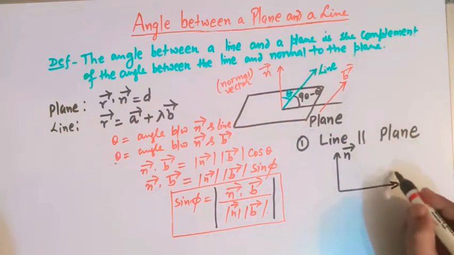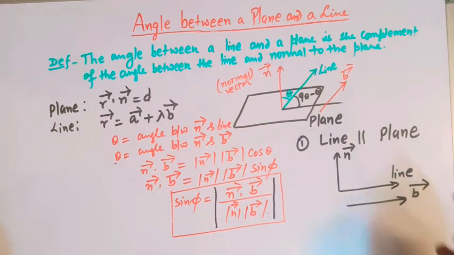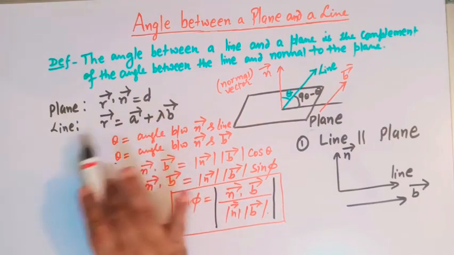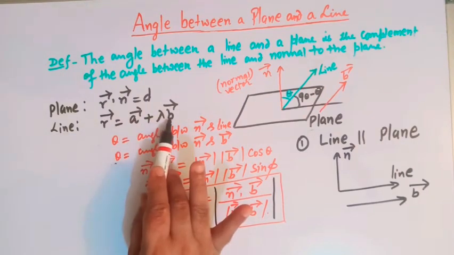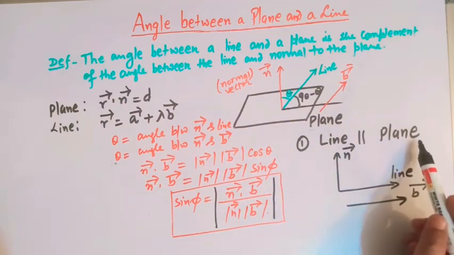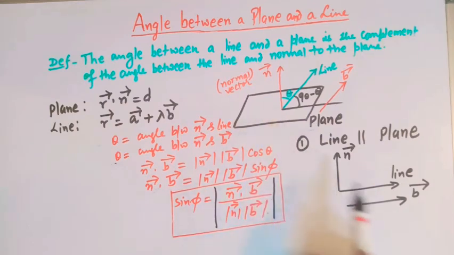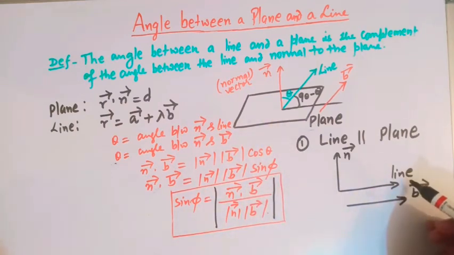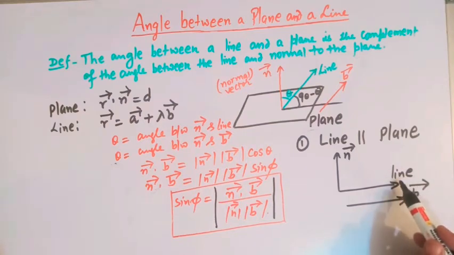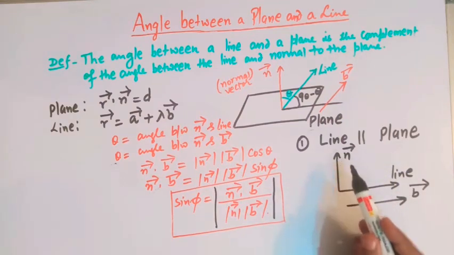The line is parallel to the vector b, so the vector b, which is parallel to the line, is perpendicular to the normal vector to the plane.